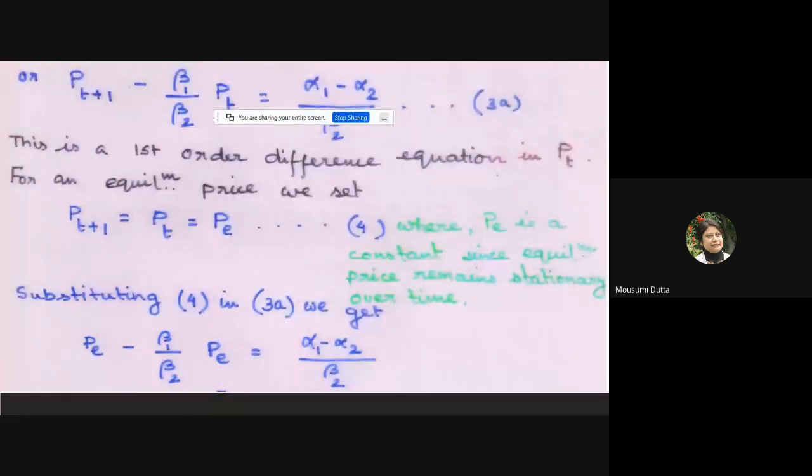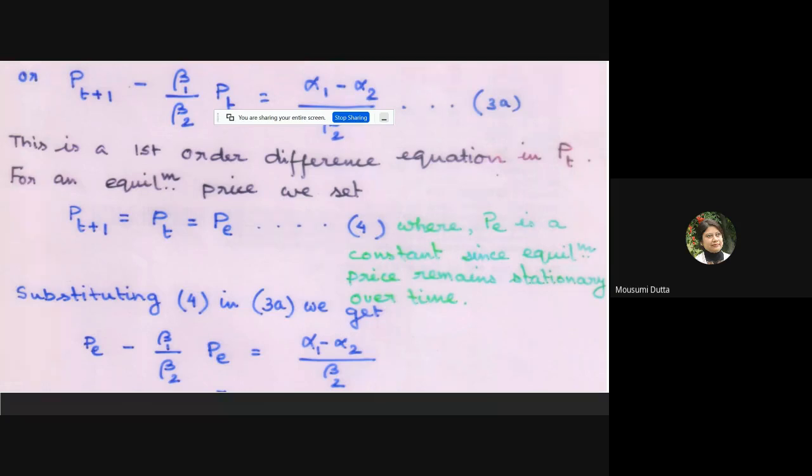I hope you have added the point: without losing any generality, we can advance the time by 1 period. And I hope you understood the reason why we are doing so. So the model can be safely written as pt plus 1 minus beta 1 by beta 2 pt is equal to alpha 1 minus alpha 2 by beta 2.